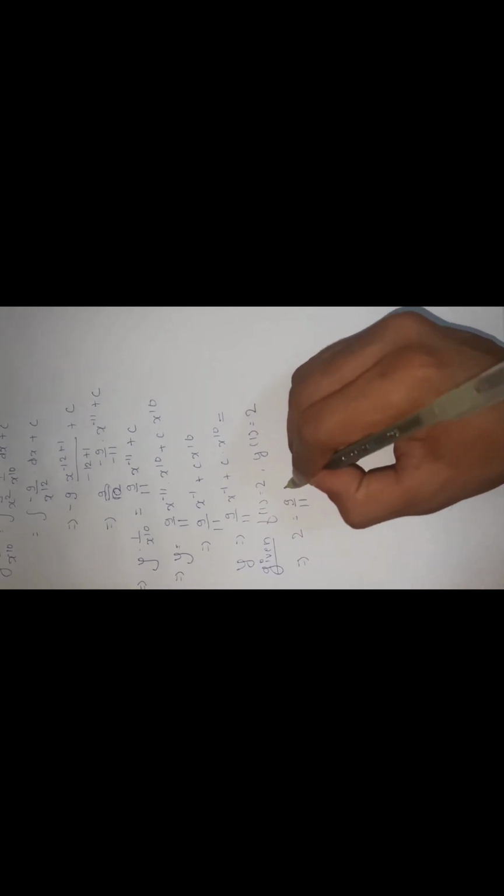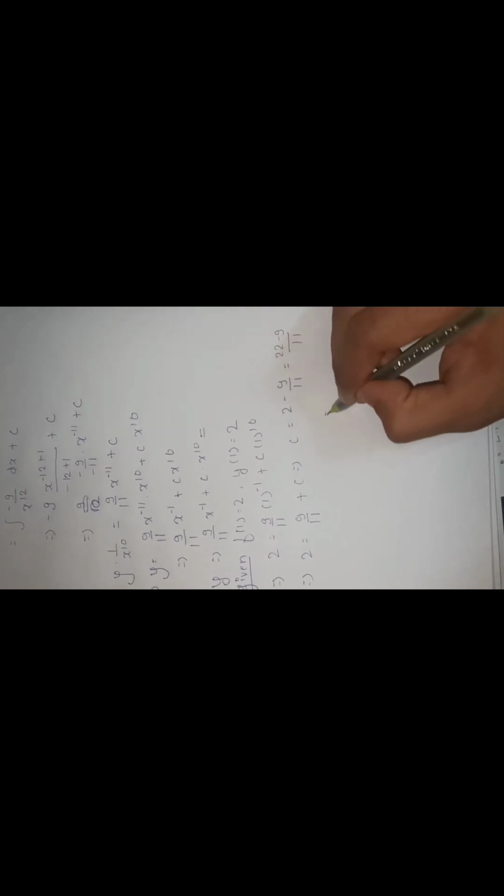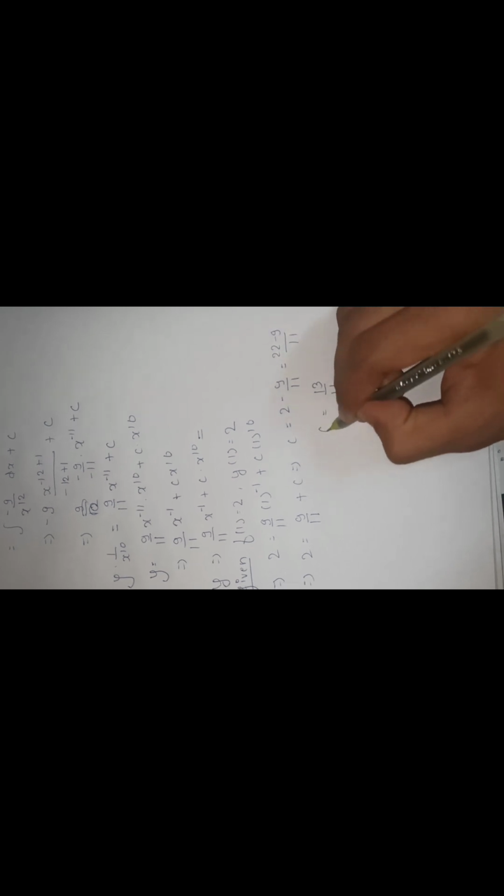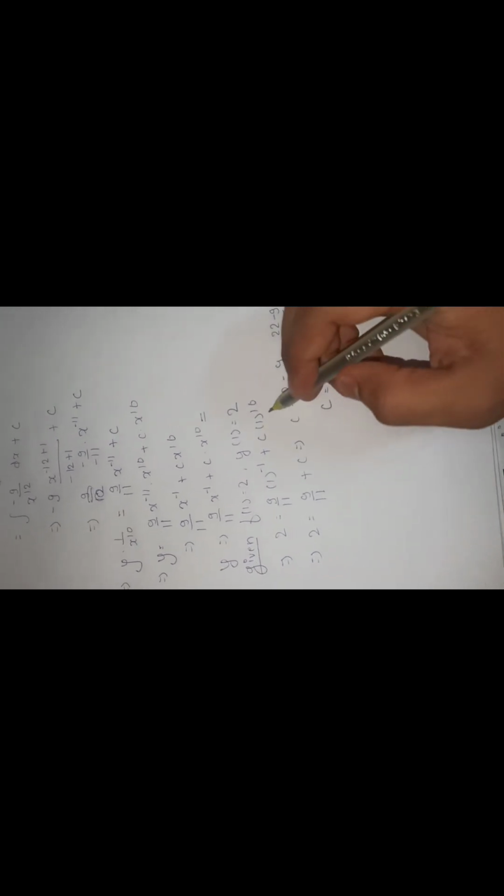You will get 2 is equal to 9 upon 11 times 1 to the power minus 1 plus c times 1 to the power 10, and it comes out to be 9 upon 11 plus c. So you will get 2 minus 9 upon 11 is equal to 22 minus 9 upon 11, and it is nothing but 13 upon 11. So the value of arbitrary constant c comes out to be 13 upon 11.